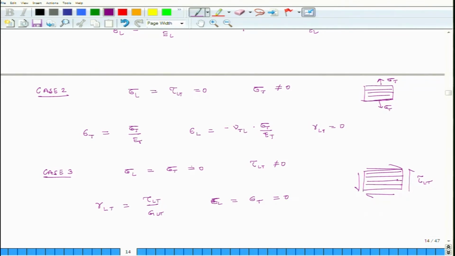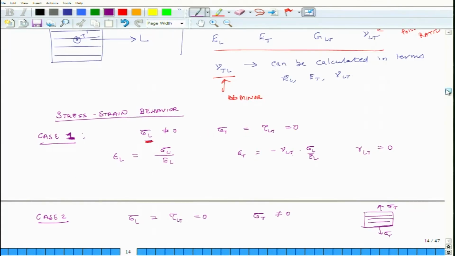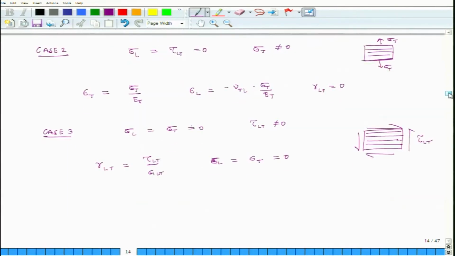So, in the first case I applied only an extensional stress in the longitudinal direction, here pure extensional stress in the transverse direction, and here pure shear stress.